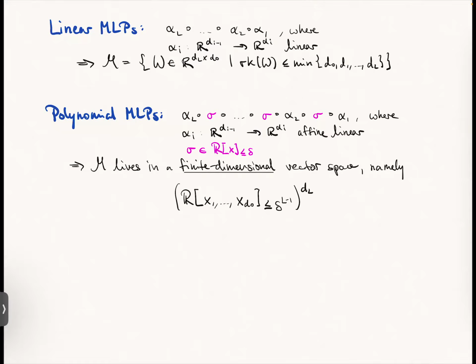So I have DL many polynomial functions in D0 variables, and each of these functions is bounded by some degree, which is delta to the L minus 1. It depends on what your preferred flavor of math is, whether you consider it technical or not, but it is not so hard to see, and it's a nice finite dimensional vector space, okay?